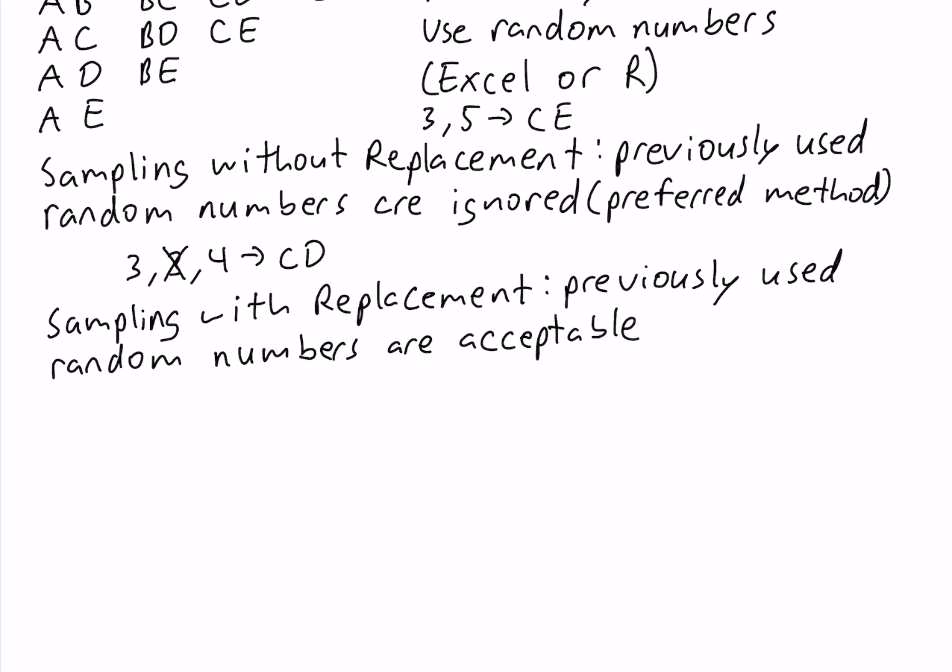So for example, suppose the first random number we chose was 3, and then we choose 3 again. So we don't ignore the second 3, we accept it, so our sample would be CC. So the same element is allowed to repeat in the sample. Now, although sampling without replacement is the preferred method, sampling with replacement is a valid way of choosing a simple random sample. So this is a valid method.